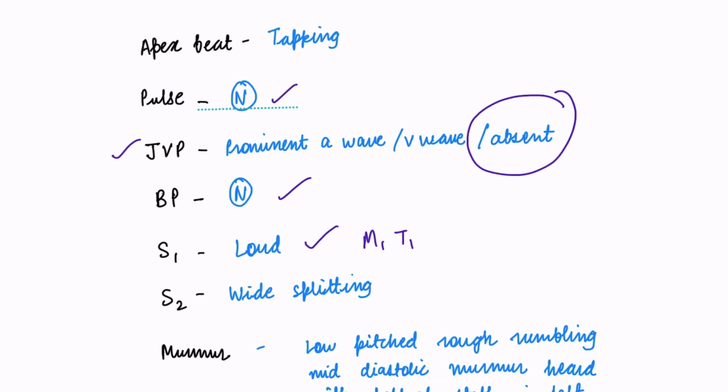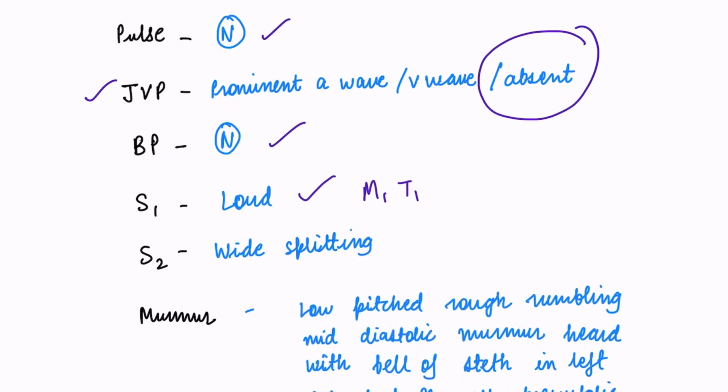BP will be normal, and there will be wide splitting of the second heart sound. Why? Because the second heart sound consists of A2 and P2, and due to the pulmonary hypertension, the right ventricle will take more time to push the blood, so splitting will occur.